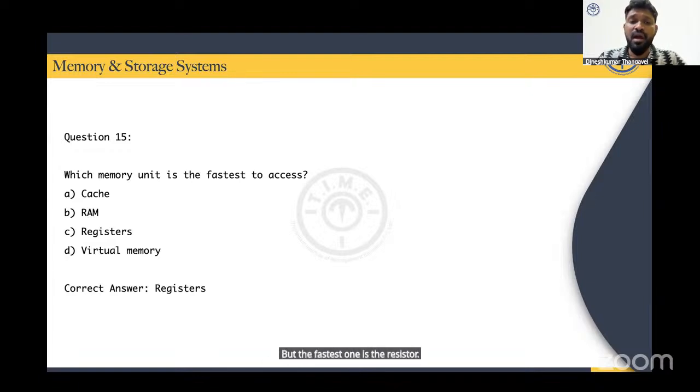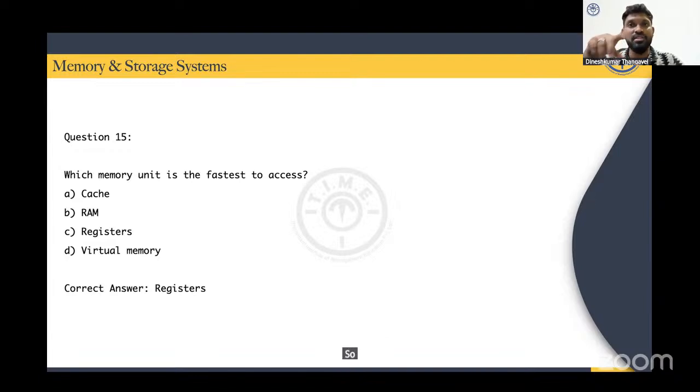Why? Registers are located inside the CPU itself. So the closer the memory is to the CPU, the faster it is. So the closest one is a register. Now, in the previous question, I gave you the speed order.